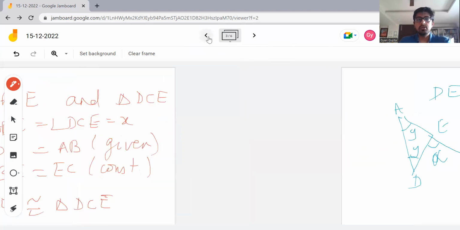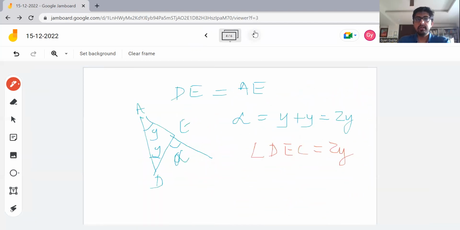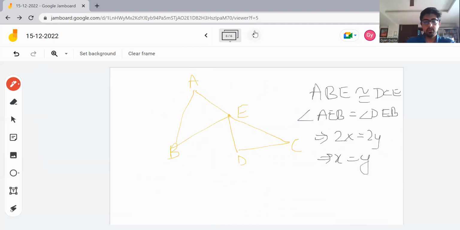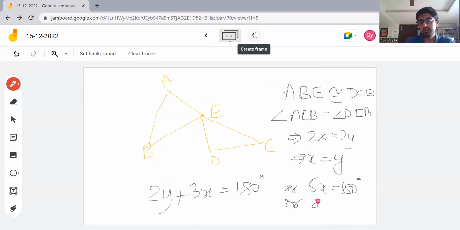We have one more relation between x and y. From our initial interior angles in a triangle, we had 2y plus 3x is equal to 180 degrees, but x is equal to y. So the entire solution boils down to 2y plus 3x is equal to 180 degrees, or 5x is equal to 180 degrees, or x is equal to 36 degrees.